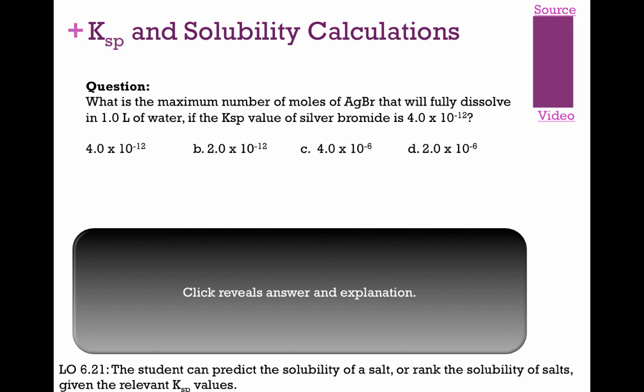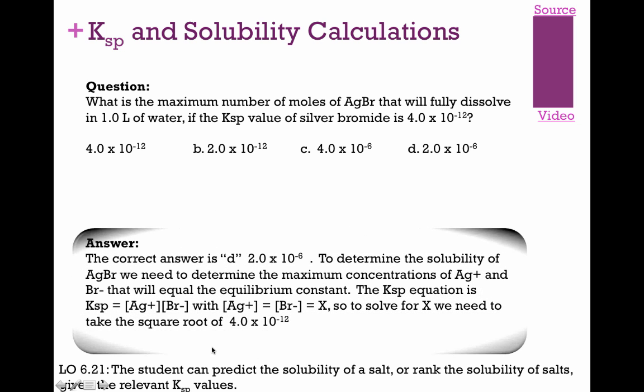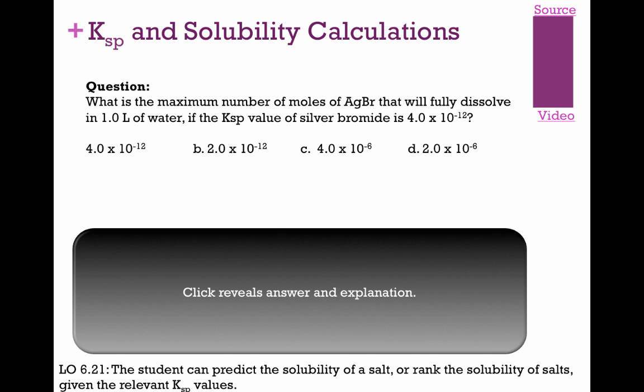What you need to start with, if it asks for the equation for dissolving a solid in water, is this: you don't actually have to show the water at all, but you can show the AgBr solid at equilibrium with its ions. So AgBr solid is at equilibrium with Ag plus and Br minus.